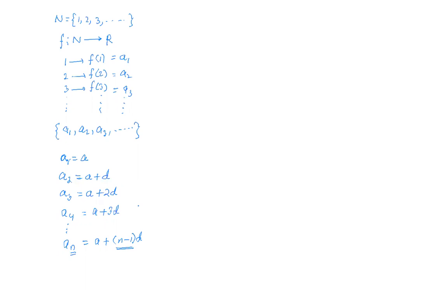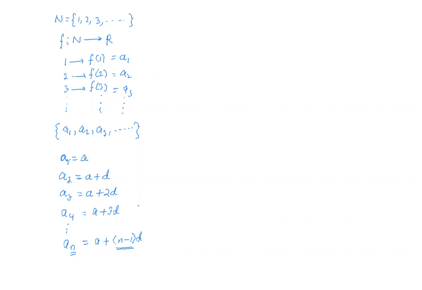Okay. So that's what AN is. You increase each entry in the sequence by a fixed number. Or you could decrease; this D could be negative too.